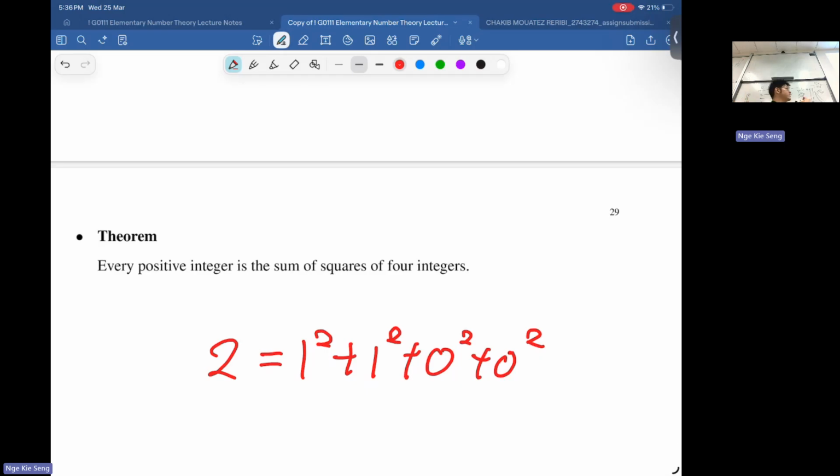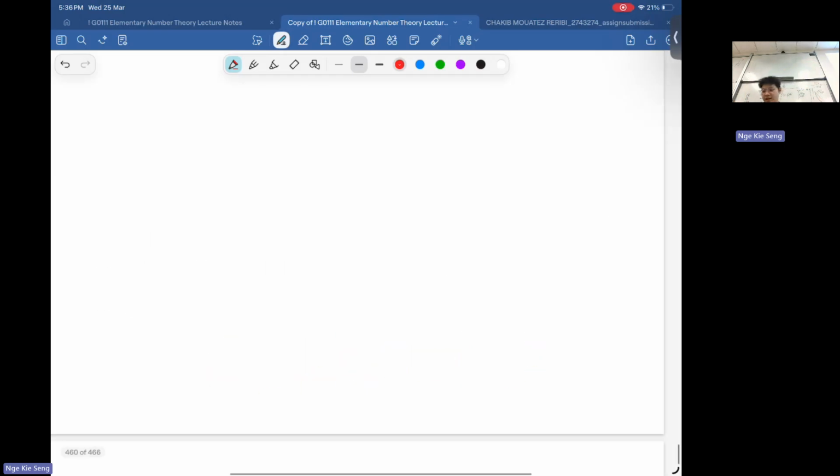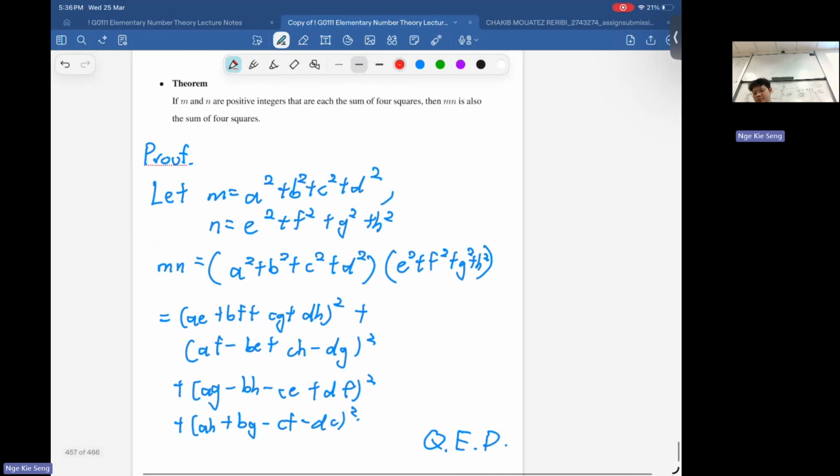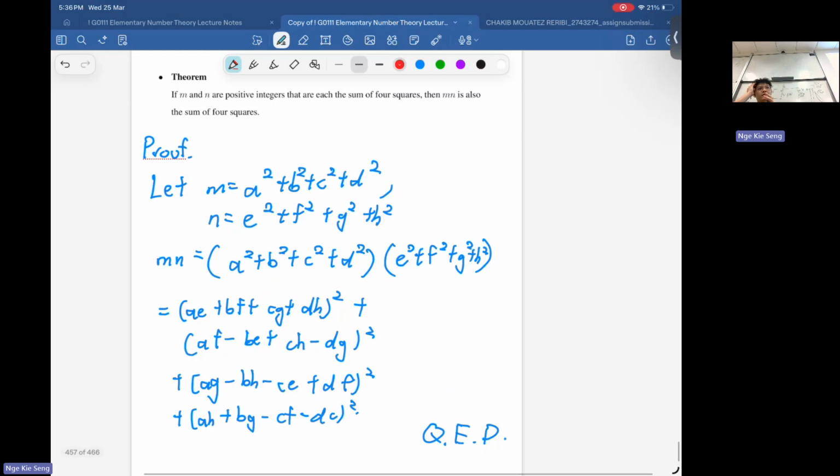You can write your positive integer as a prime factorization, and then you use this very hard to memorize formula to write it as a sum of 4 squares. So prime is very special, you see. This is the special property of primes.